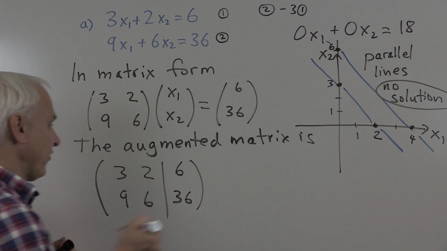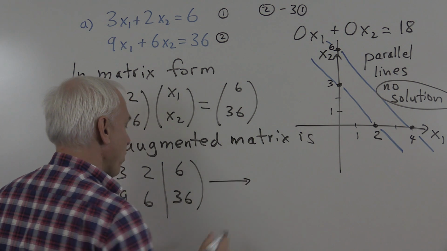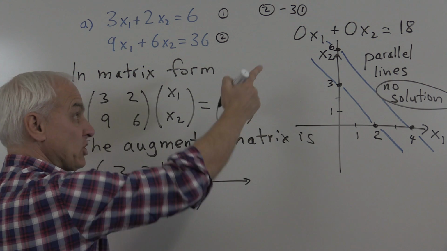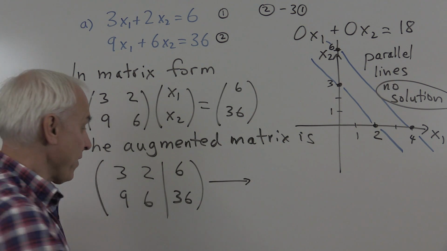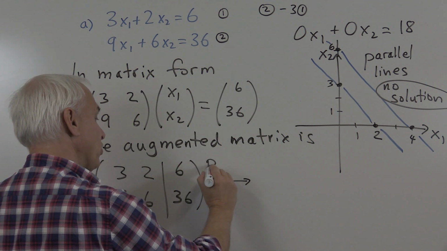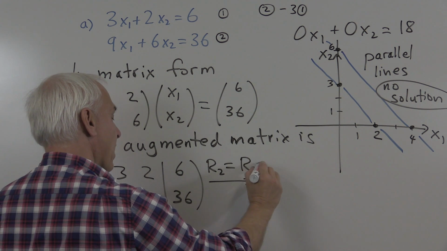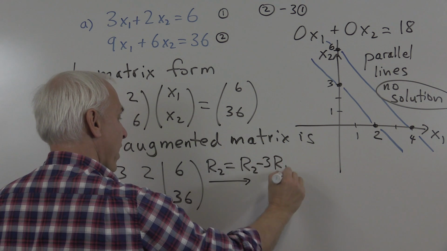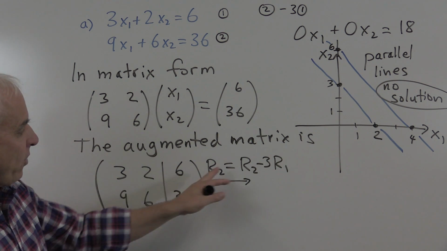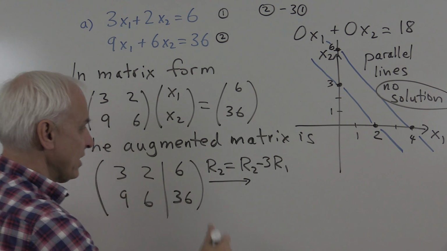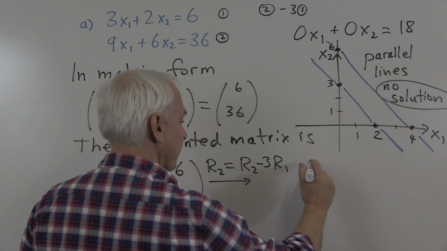How would we row reduce? Well, we're going to perform some operations. And what we're going to do is essentially the same thing that we did over there. We're going to replace row 2 with row 2 minus 3 times row 1. Right. So this is just a way of describing what we're going to do to this matrix to get the new matrix over here.